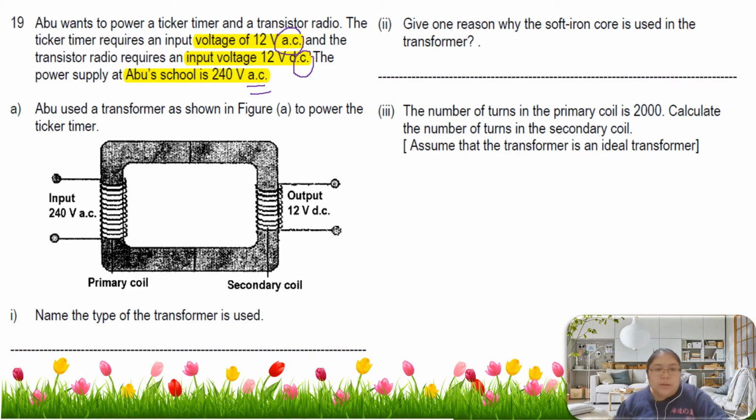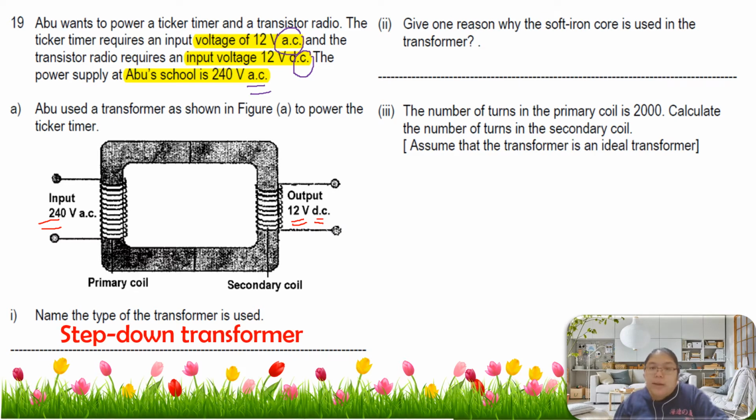Now Abu uses a transformer shown in the following diagram to power the ticker timer. So the first one, can you name the transformer used? Okay, we check how to name the transformer. Refer to the input and output voltage. Input is 240, output is 12 volt DC. So this one is a step down transformer because it reduces the output voltage.